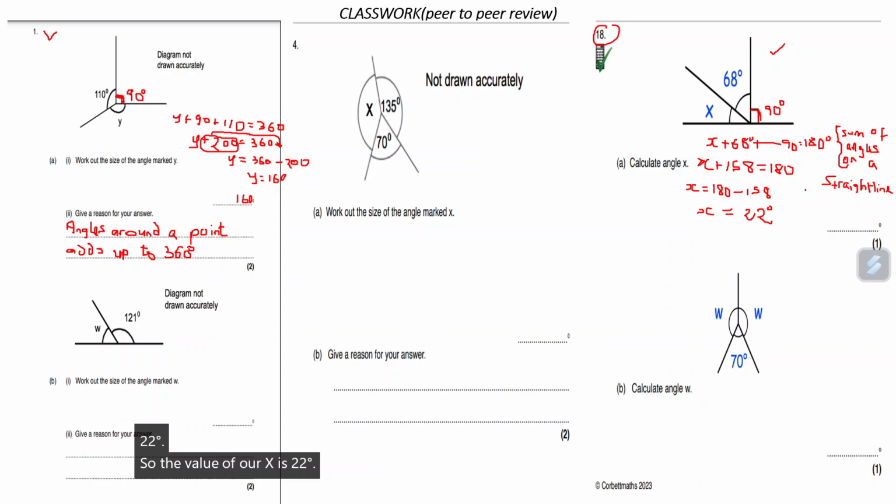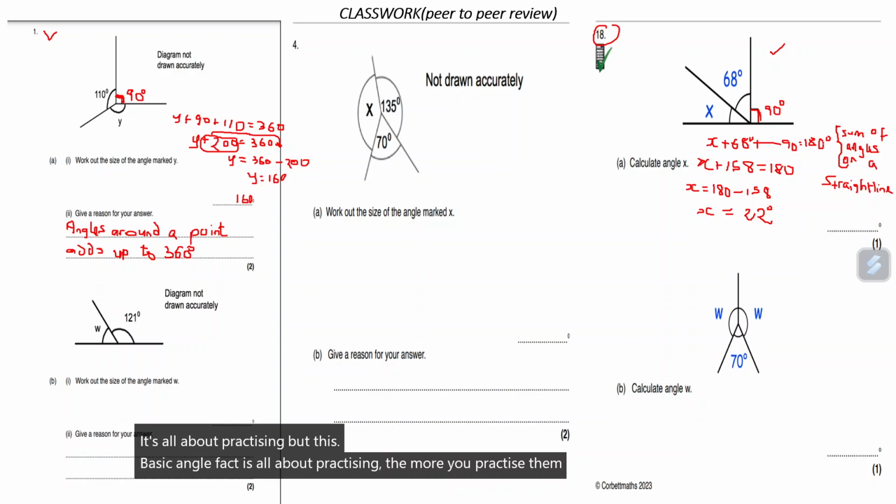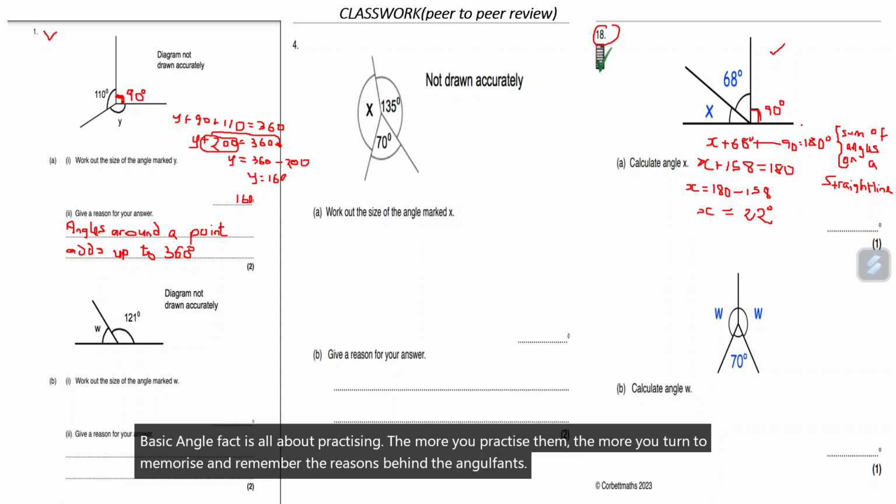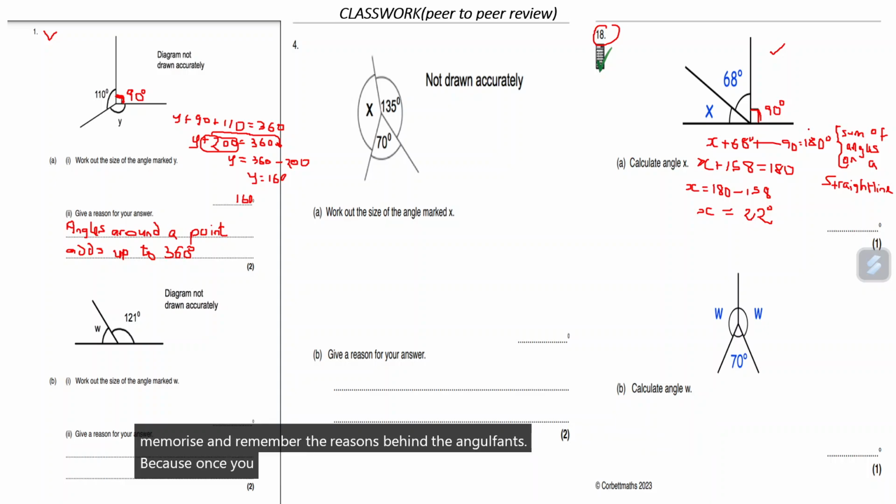As stated earlier, it's all about practicing. With these basic angle facts, the more you practice them, the more you tend to memorize and remember the reasons behind the angle facts. Because once you know them, you are more than average.